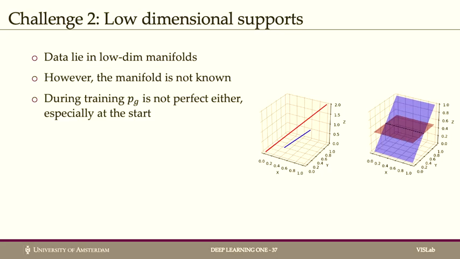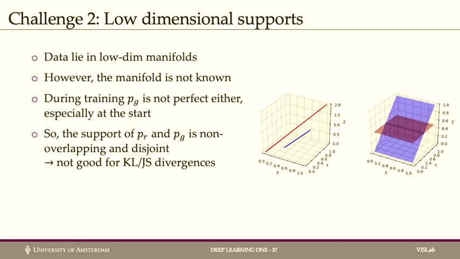So yeah, especially during training, the generated manifold is completely not perfect. So it's extremely easy for these models to discriminate between these because the Jensen-Shannon divergence, well, it's also problematic because the JS divergence actually gives you extremely low value if they don't even have an overlap.